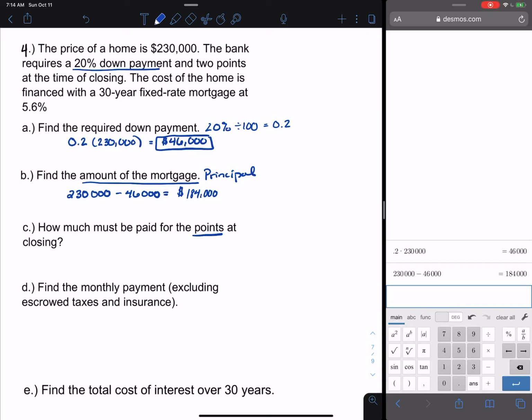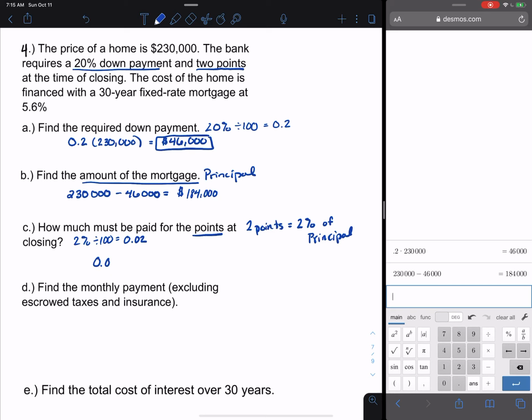For Part C, they're asking us how much must be paid for the points at closing. So if we look up here, they tell us it's 2 points. So remember, 2 points means that we need to pay 2% of the principal, so of how much we're borrowing. So I know 2% when I divide it by 100 gives me 0.02.